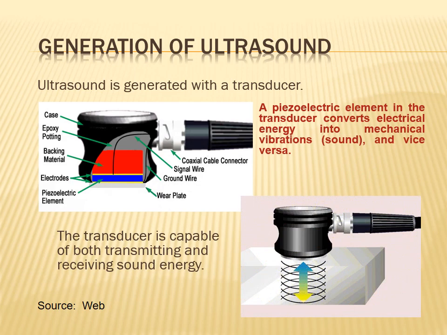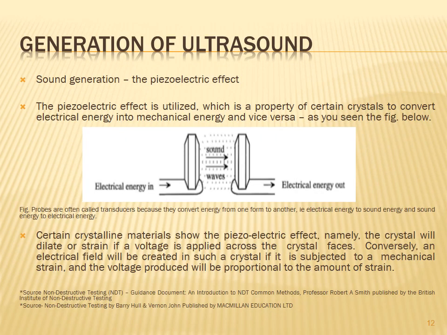It is very important to know how ultrasound is generated. For generating the ultrasound, we use a transducer. A transducer is a device which converts electrical energy into a mechanical vibration and vice versa. Sound generation: the piezoelectric effect.